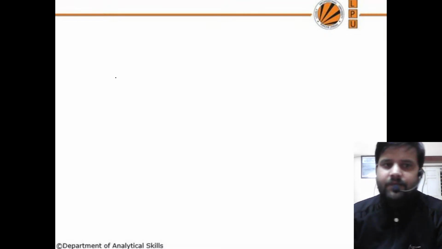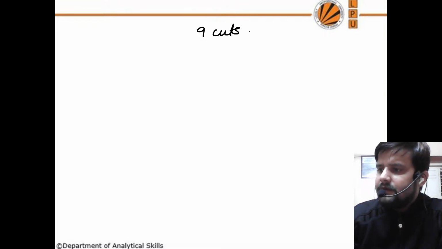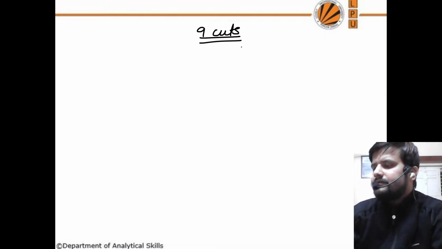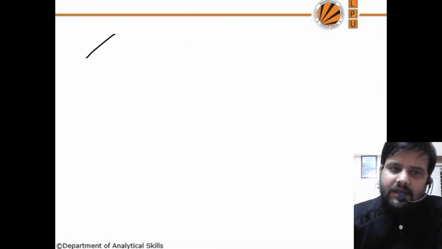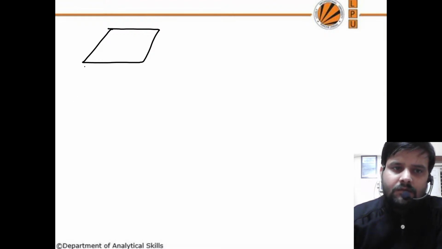Now what happens? They will give you a question like this: you have a cube, and you applied nine cuts, and after that you painted it also. So they will ask you how many. Let's say I'm making a cube first of all, like this. Let's say this is your cube.